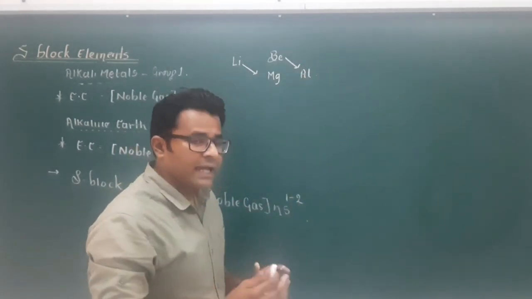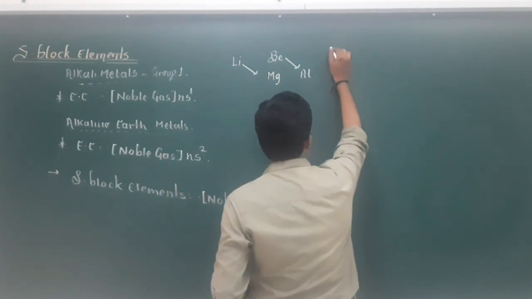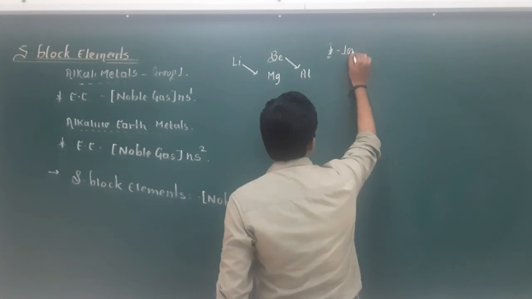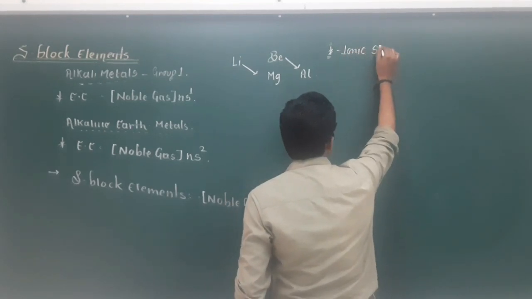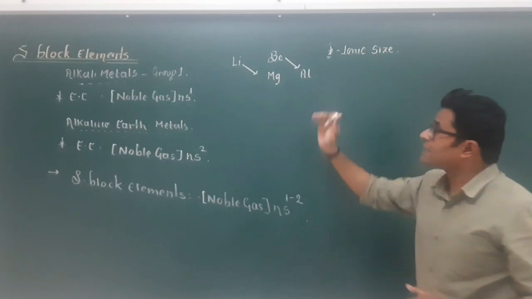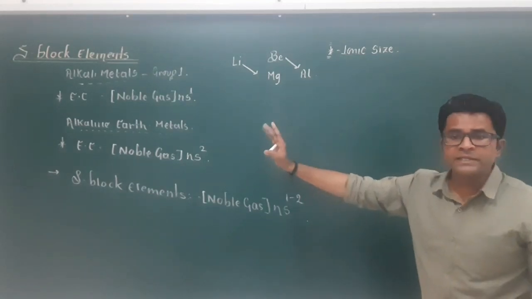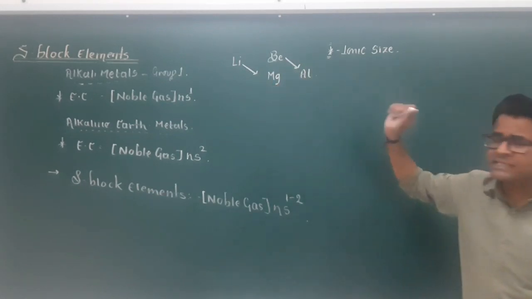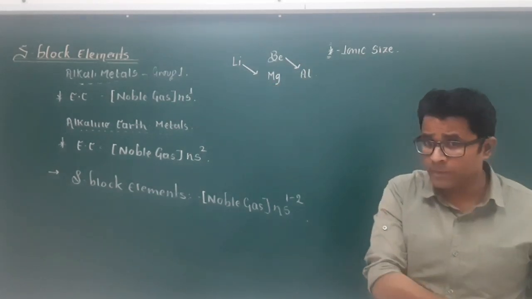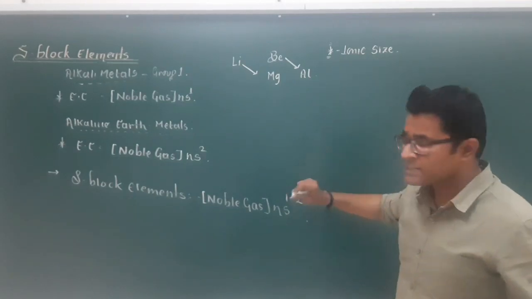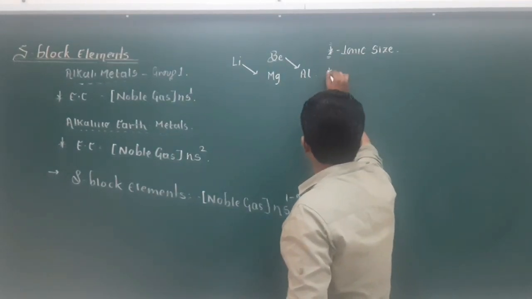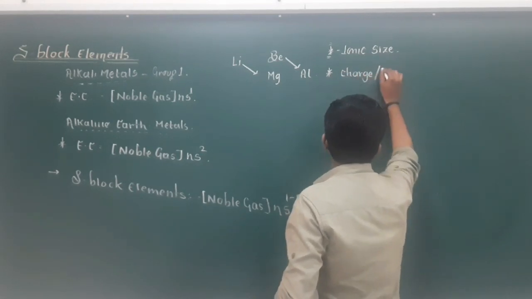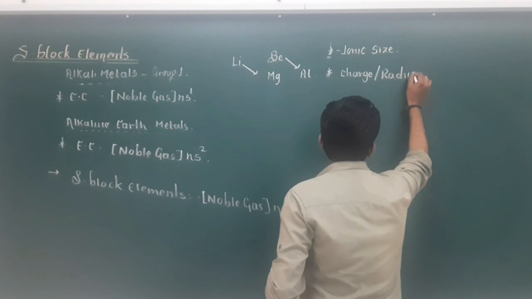Okay, now this happens because of two important factors. The first important factor is ionic size. Because of ionic size, lithium shows properties similar to magnesium, while beryllium shows properties similar to aluminium. The second is the charge to radius ratio.